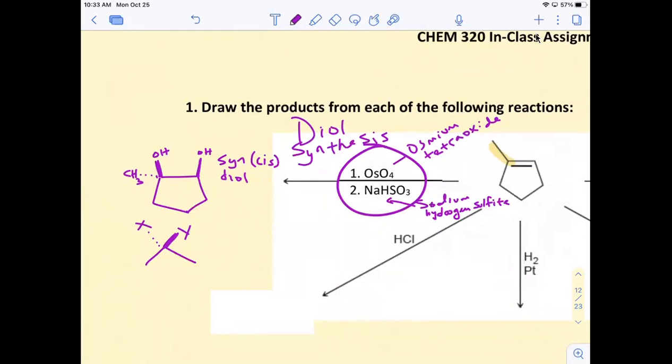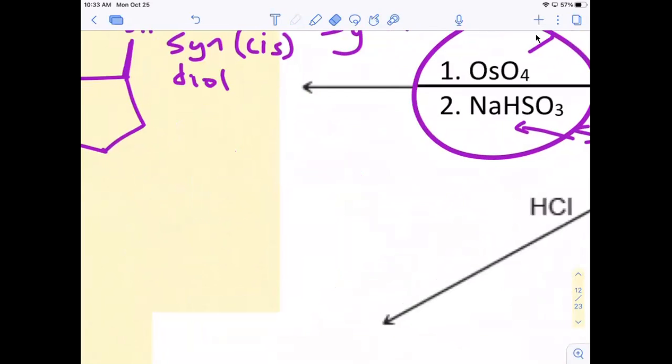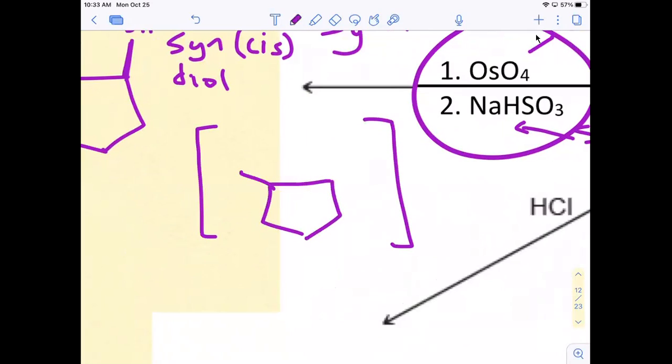All right. So with the osmolation, that's what I get. That's my product, right? So the reason why we see that is because there's an intermediate that looks like this. So here's my ring. This is here, and this is here, and this is O, and this is OS, and O, like so, right?